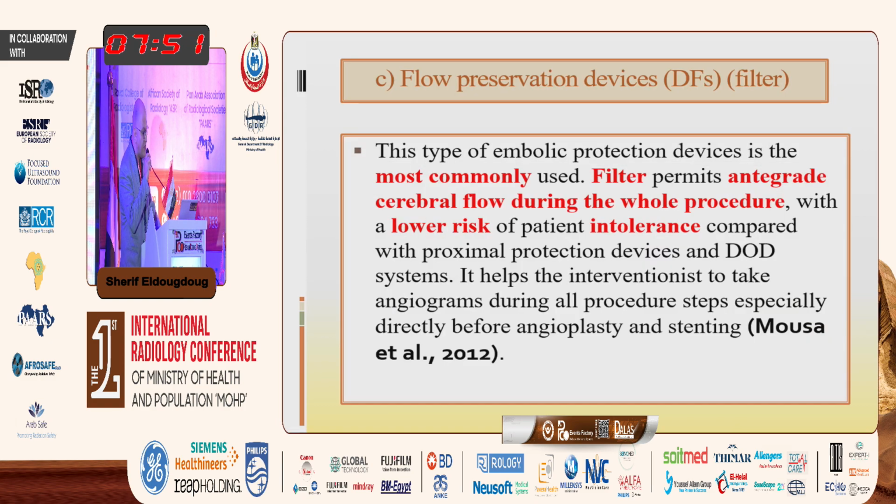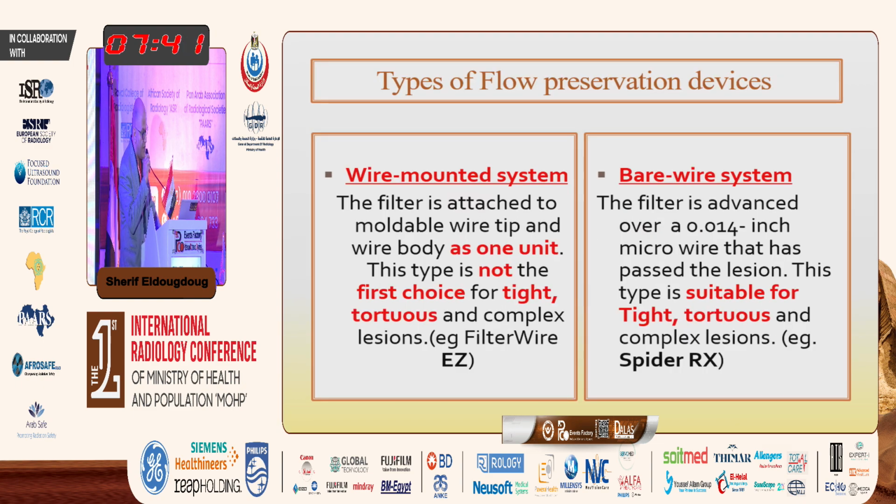Flow preservation device, actually this is the type of protection device which we use in clinical practice. There are 2 types of filter, the wire mounted system and the bare wire system.